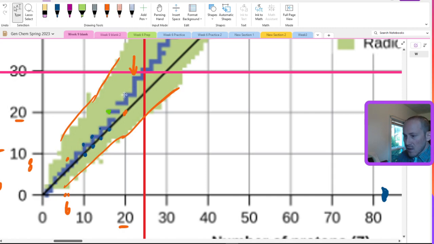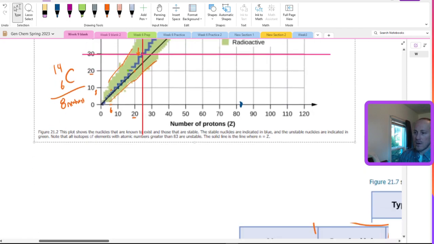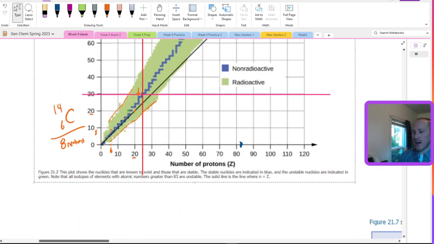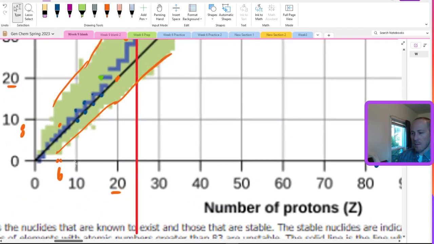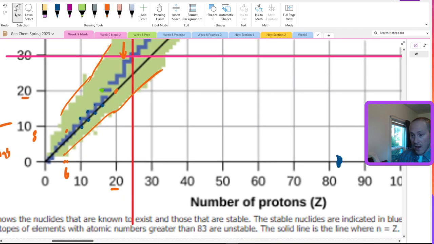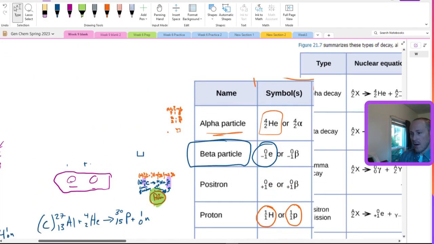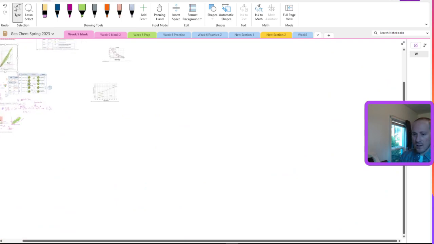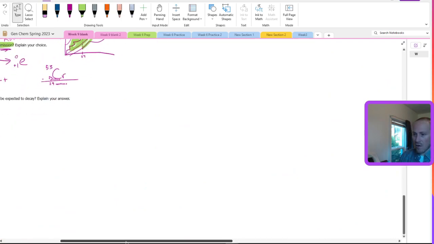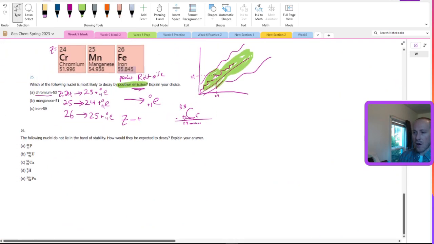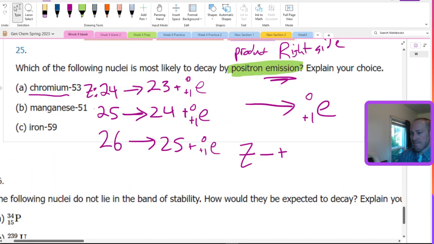That's 20, 21, 22, 23. 24 is right here. I think we're right on the blue. Honestly, I kind of wish that this chart had unambiguous demarcations for every single one, because that'd be cool, but it doesn't. That said, I think our chromium 53 is basically already happy. We're not trying to change anything.